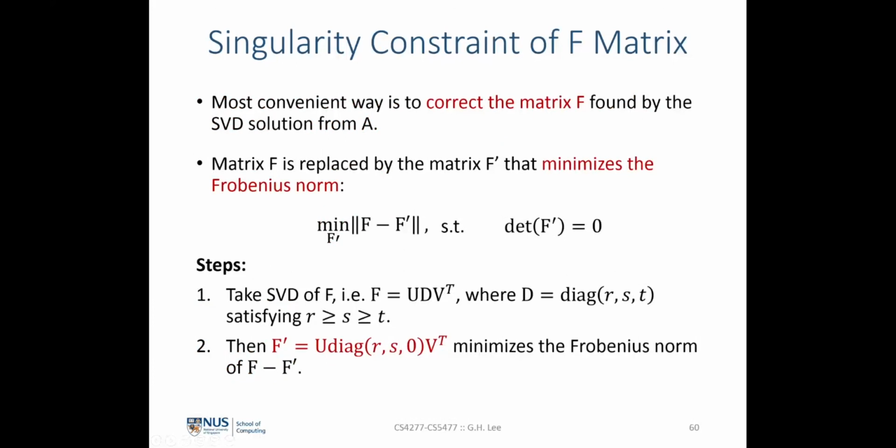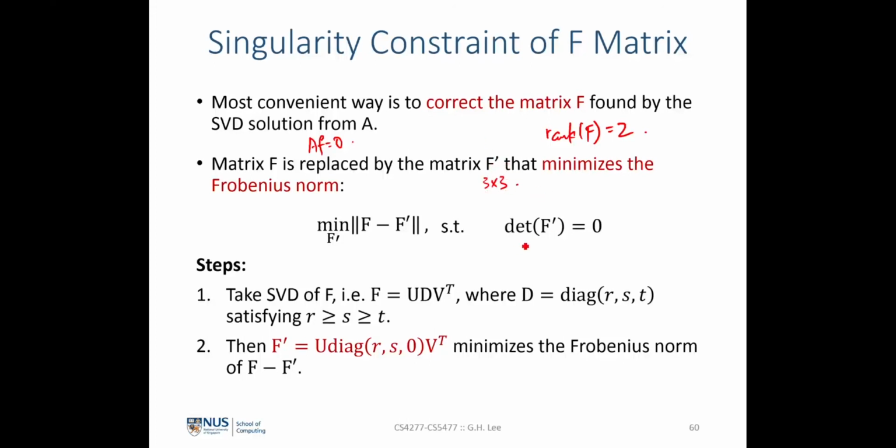The most convenient way to find the correct fundamental matrix with a rank of 2 is by replacing the fundamental matrix found from the equation Af equals 0 by another 3 by 3 matrix, which we denote by F prime.